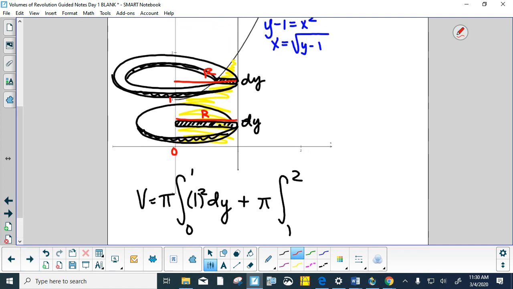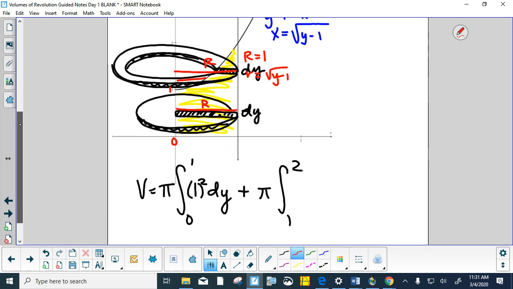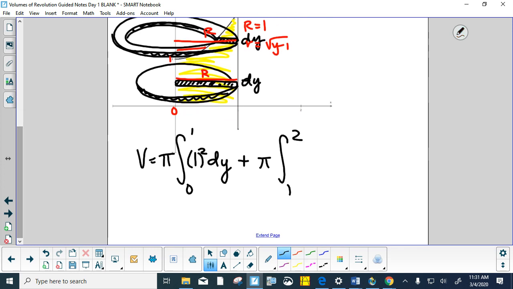From 1 to 2, big R is just 1, isn't it? So big R here is 1, and little r is this distance, which is root y minus 1. Okay, so it's going to be pi times big R squared, which is 1 squared, minus root y minus 1 quantity squared dy.